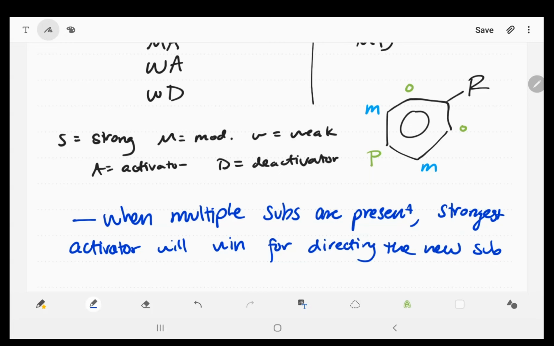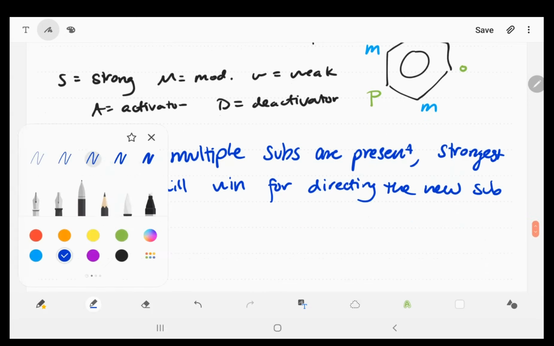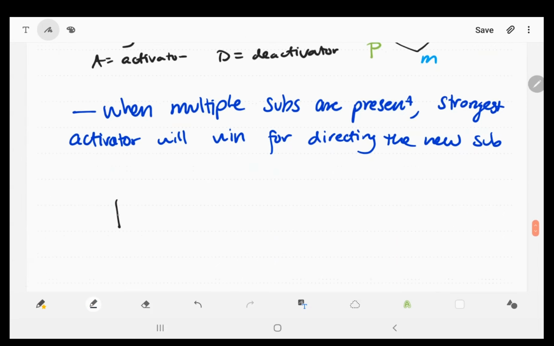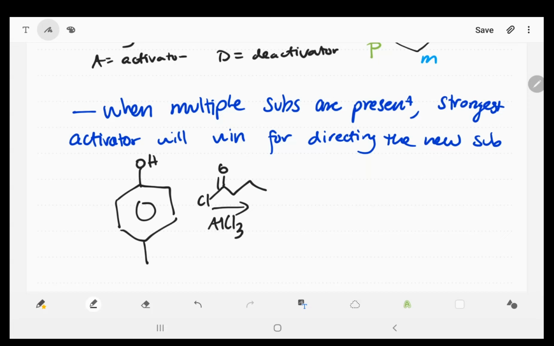If you are putting a new substituent on, so if, for example, you have two groups on a position and you attempt to, let's say, we can even just put, let's not do Cl2. Why don't we do a Friedel-Crafts on this.